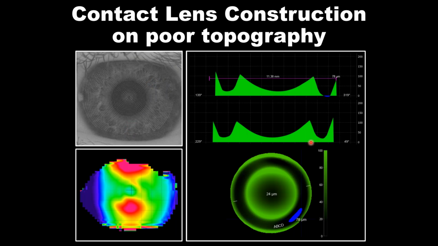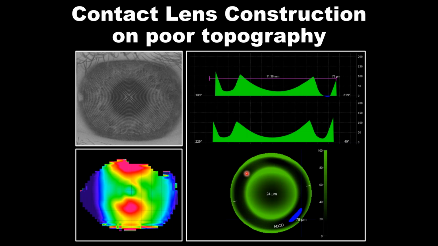Now again, when we pull in a visual axis capture or an image that isn't on the geometric axis, you notice the tilt. We're hitting on the one side of the eye here at 4 or 5 o'clock, but on the opposing side, our contact lens is hanging in free space. It hasn't touched itself down. It hasn't aligned. And that's again because the software is struggling with this very irregular surface that we've placed it on.